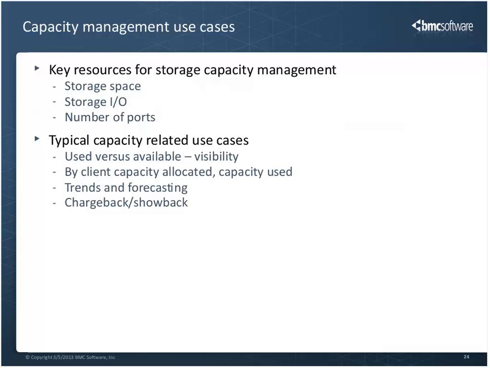So you want to see used versus available, which we call visibility. You want to see by client the capacity that's been allocated and the capacity that's actually being used. And you need to see trends and forecasting. You want to see when you're going to saturate. You also want some way of arranging chargeback or showback of the resources being used by each client.